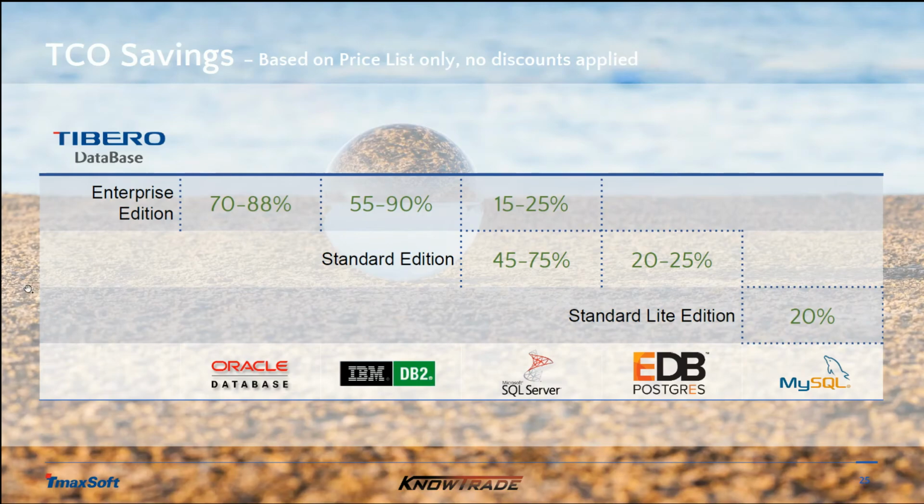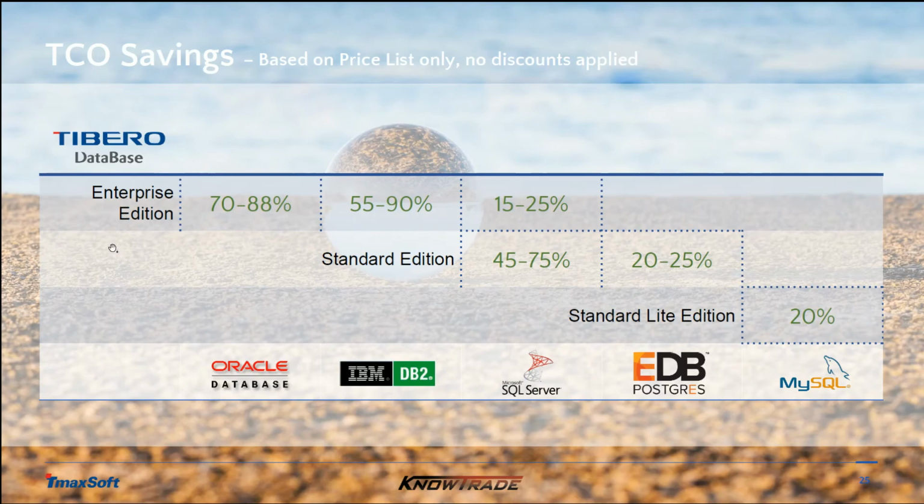The main TCO savings that we can see are quite big compared to the main three databases and also the open source, more or less open source and freemium software offerings. Okay, EnterpriseDB is of course no longer open source, but let's say Postgres and MySQL.